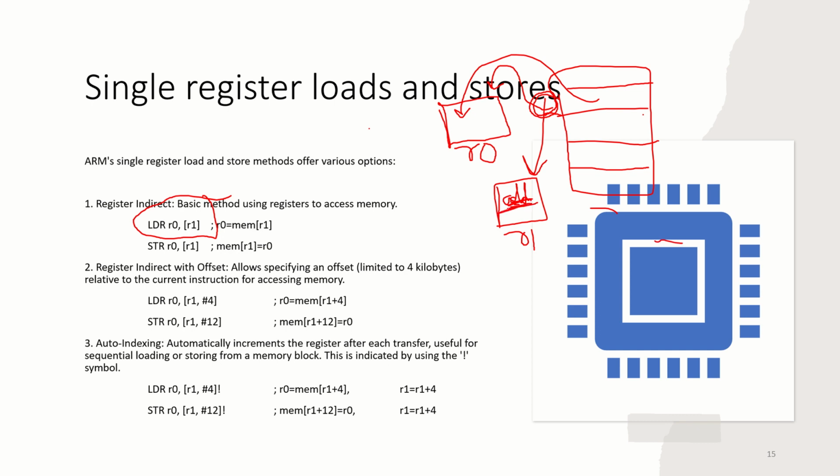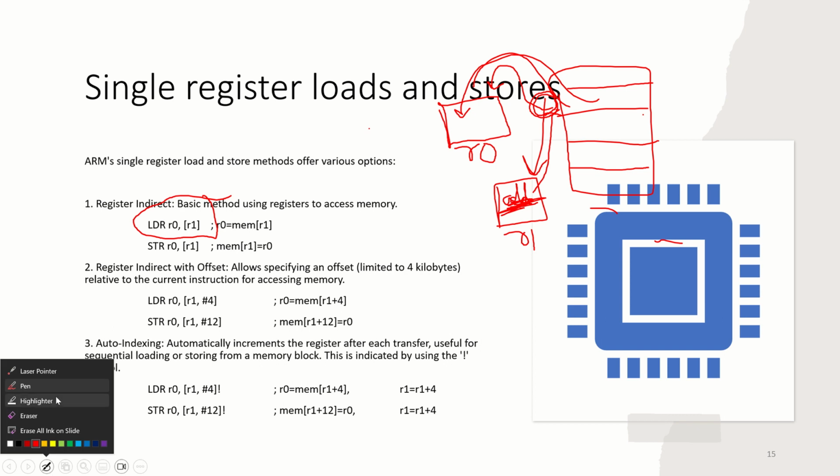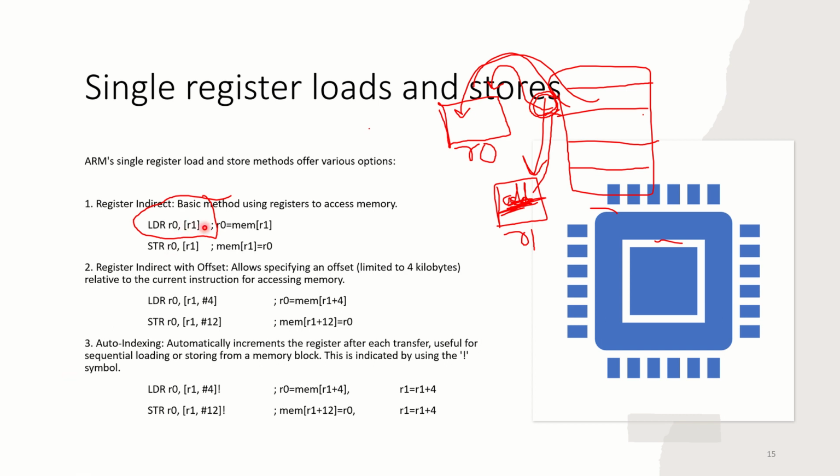That's why the value at the address stored in R1 is stored into R0. That is LDR. So we understood LDR. Now STR means the content of R0 is stored into memory at a location. At what location? The address stored in the register. So this is STR.